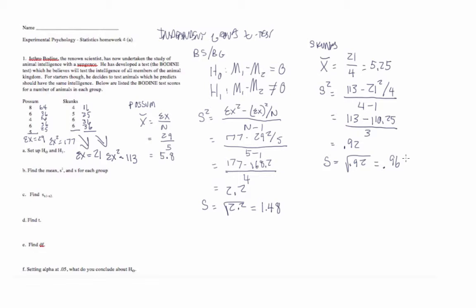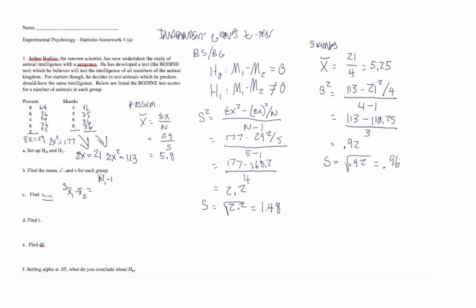Our next step is going to be, so we've got the mean, variance, and standard deviation for each group. I think our next step then will be to find the standard error. So let's put that over here because we're running out of workspace. That's the standard error of x bar 1 minus x bar 2. Our formula for that is kind of complicated, so we're going to have to skip some steps too.